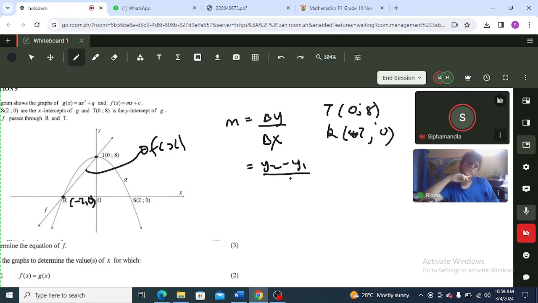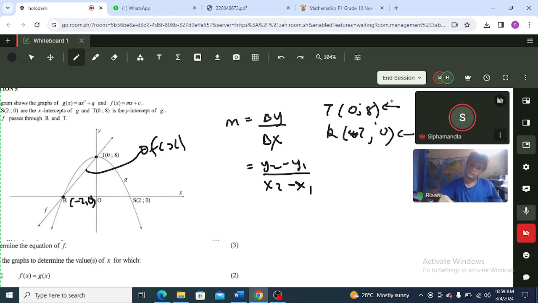So we have y2 minus y1 over x2 minus x1. Now, in order to identify y2 and y1, it doesn't matter actually. You can pick one coordinate as your x1 and y1, and the other would be your x2 and y2. But you have to be consistent after you pick your coordinates.